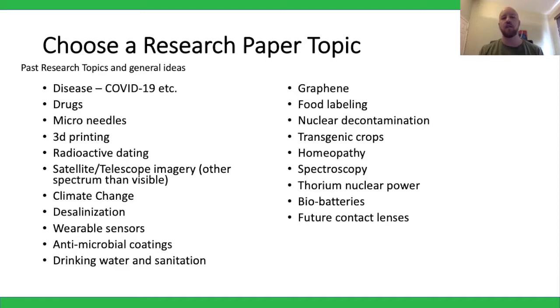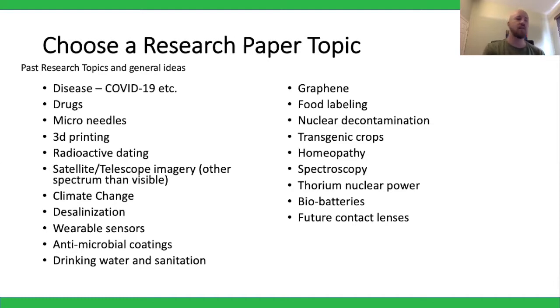Satellite imagery and spectroscopy are topics that we touch on in most of the freshman chemistry classes. Things like climate change, big issues for our generation, for the next generation to come. But climate change is one of these things we'll talk about here. It's probably too big of a particular topic that you want to pick on. So you may have to start with that and then narrow down.